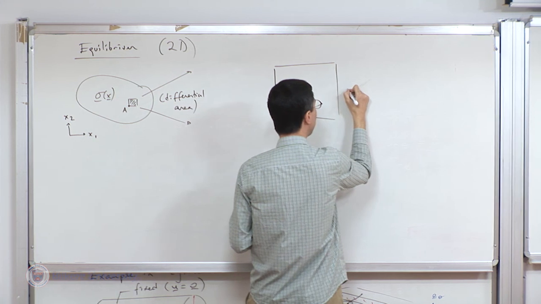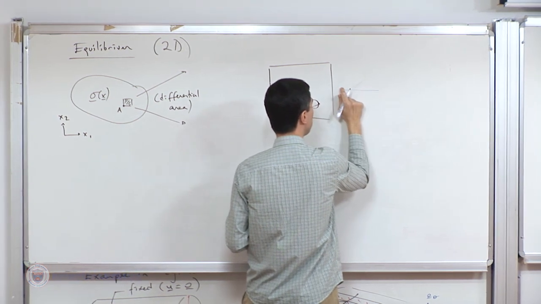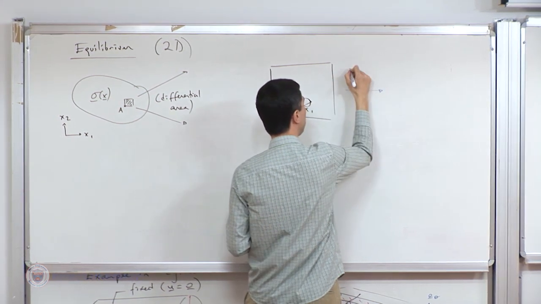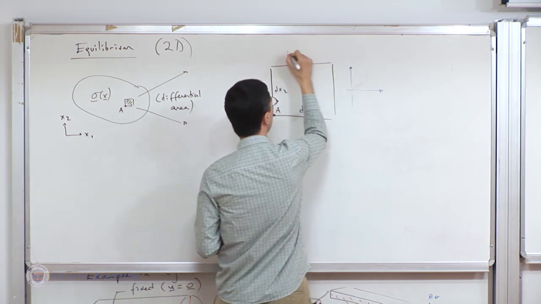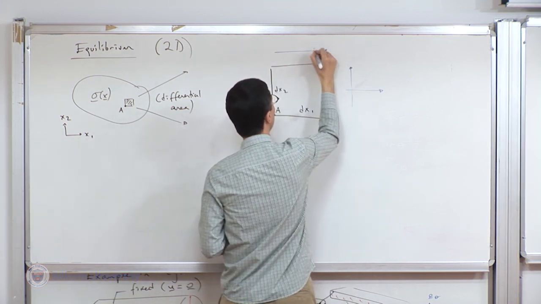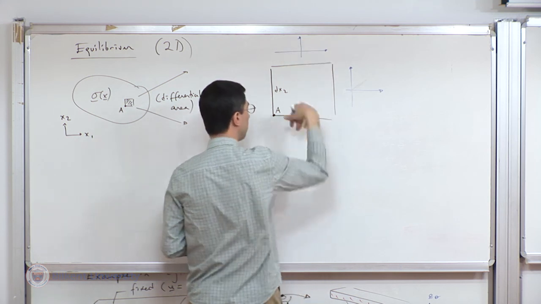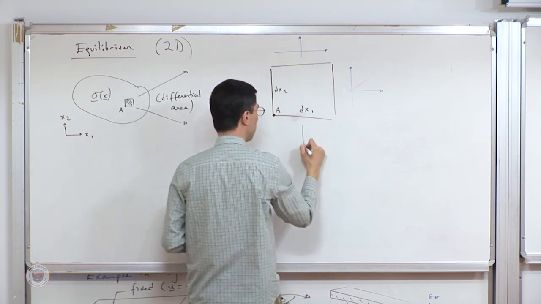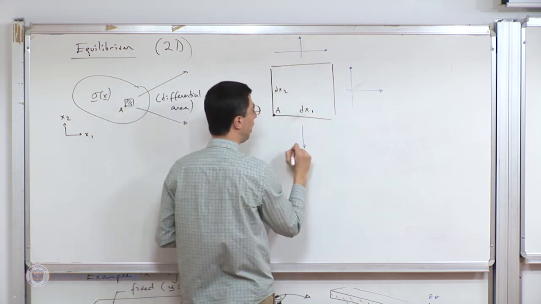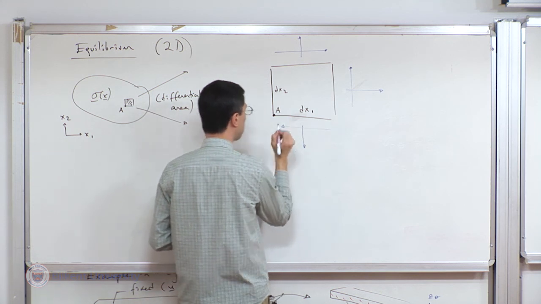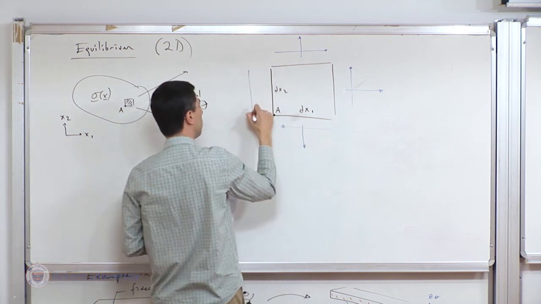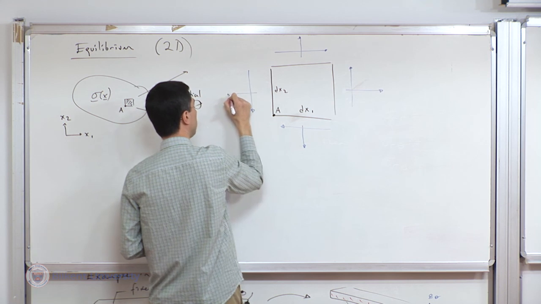Let me not directly write the components, but indicate the directions. There is, of course, a normal one, and a shear one, and here also similar, normal to the surface. And there is one that is shear. The direction is like this, shear and normal.